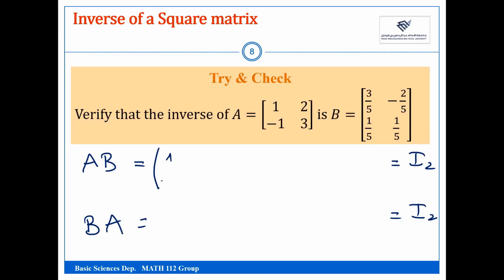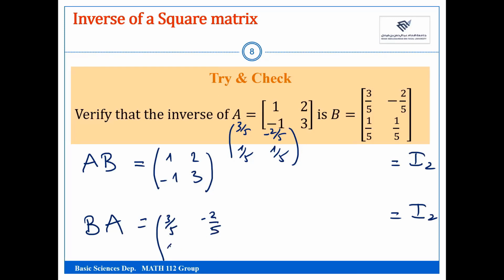Then AB is 1, -1, 2, 3 times 3 over 5, 1 over 5, -2 over 5, 1 over 5. And BA, we take it in the order, then multiply by 1, -1, 2, 3. Both results must give me the identity.